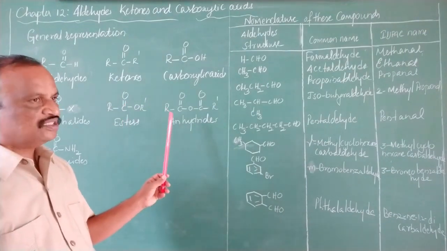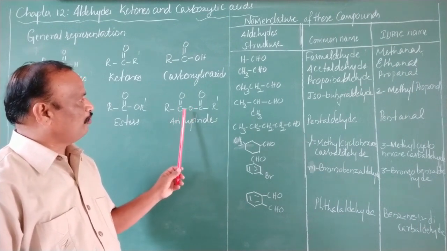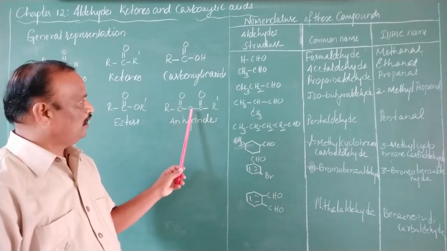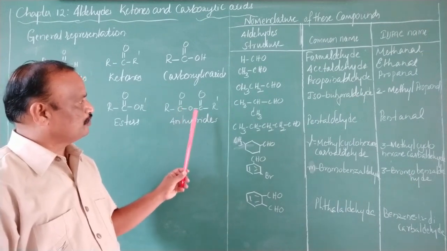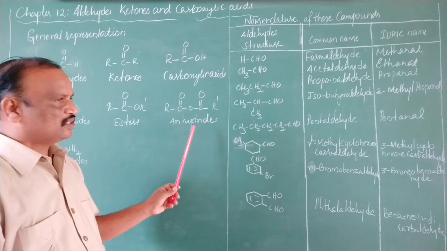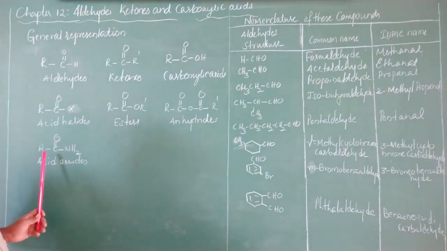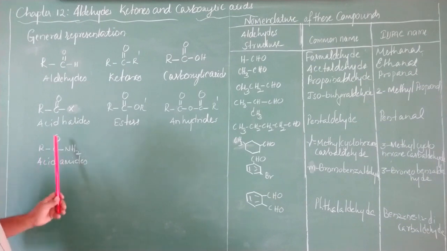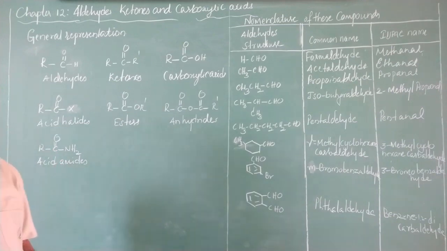In case of acid anhydrides, there are 2 carbonyl groups bridged by one oxygen, like this. So we call it acid anhydride. And the other one is acid amides. In case of acid amide, the C=O group is bridged between one alkyl group and the amide group on the other side.